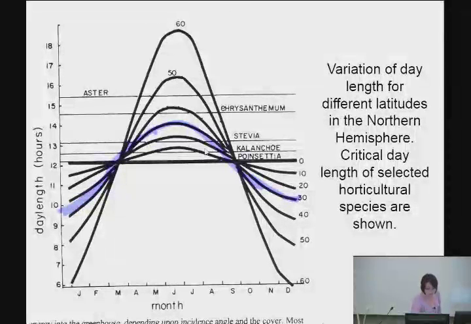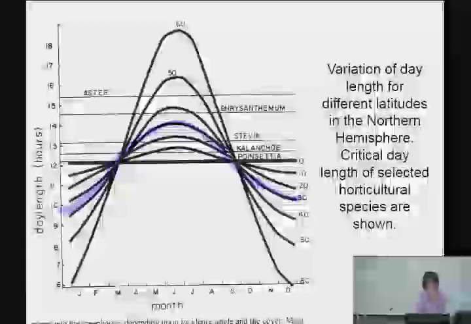So if we are growing chrysanthemum in Tucson, the critical photoperiod is 14 and a half hours. If we are starting chrysanthemum from cuttings, those usually start from cuttings, not from seeds, and start growing them, our photoperiod never exceeds the critical photoperiod.